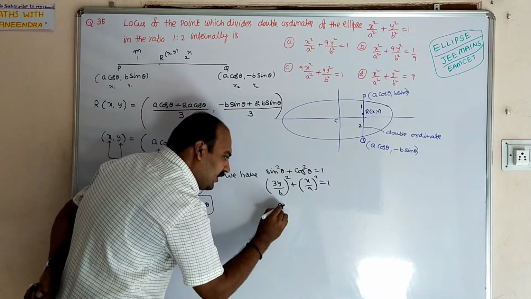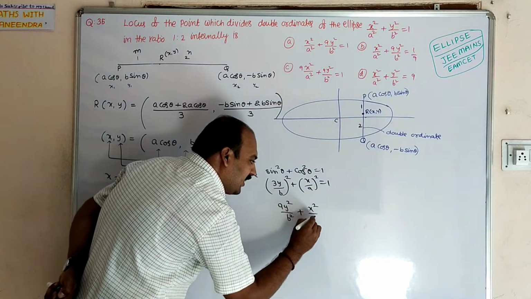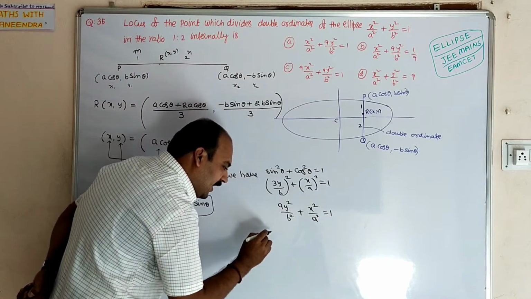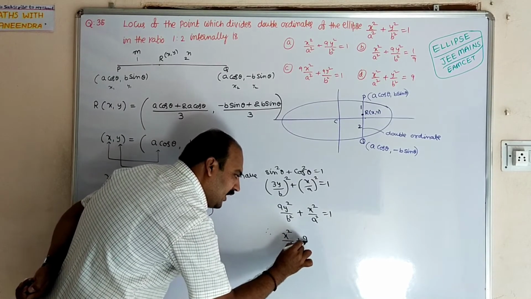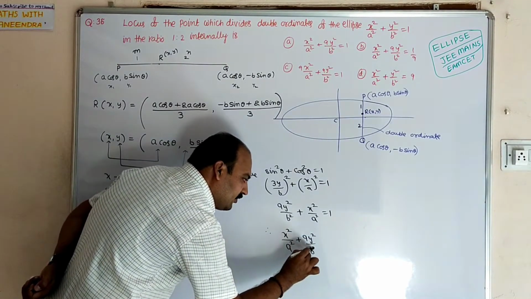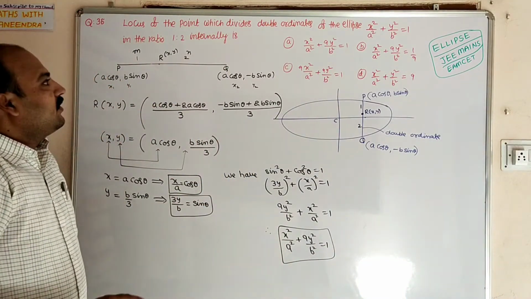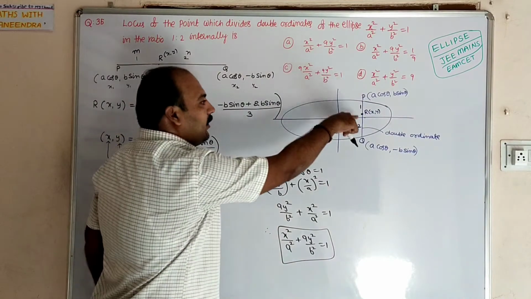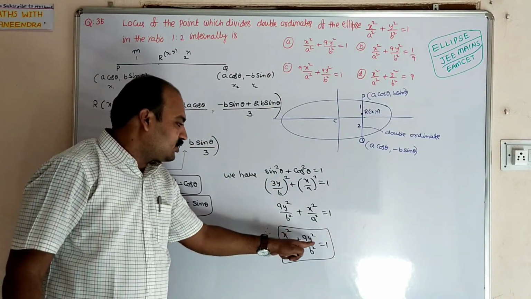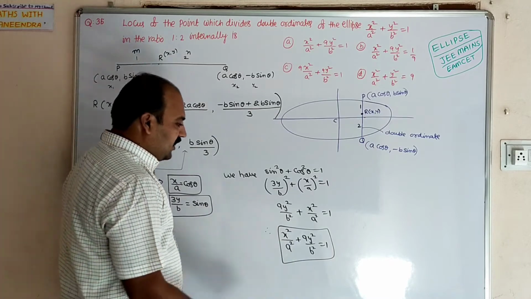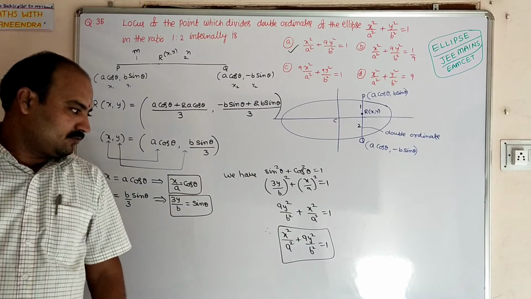So 9y square divided by b square plus x square by a square equals 1. Write in the order, x square by a square plus 9y square by b square is equal to 1, which is the required locus, the point which divides the double ordinate in the ratio of 1:2. This is there in the first option itself. We will move to the next question.